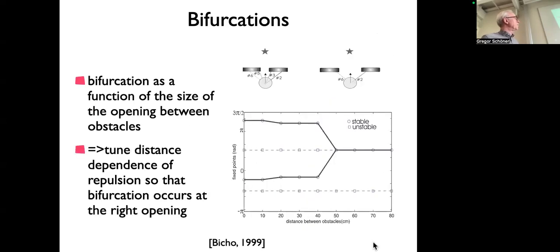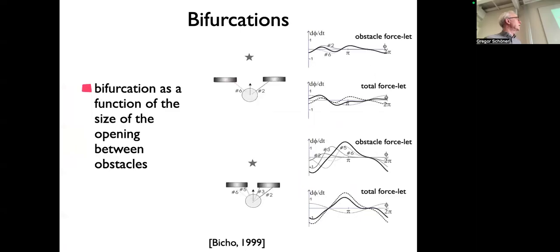So here is a systematic scan of that. We put these boxes at different distances, and then we saw one sample here on the left and one sample on the right, where we have a repeller and then 2 attractors. In some cases, these attractors are actually just a single attractor.